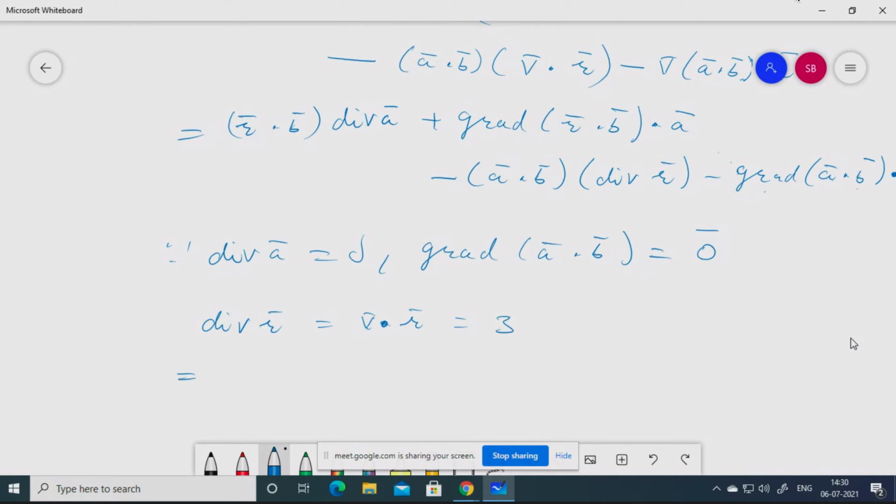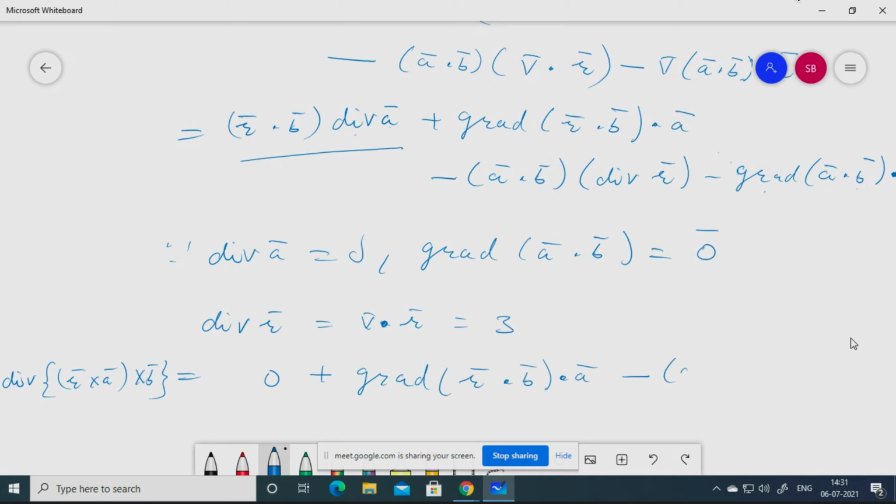So overall, this result we are calculating, divergence of R bar cross A bar cross B bar, will be equal to, now look at this one. This is 0, because divergence of A is 0, plus this part as it is, gradient of R bar dot B bar dot A bar as it is.